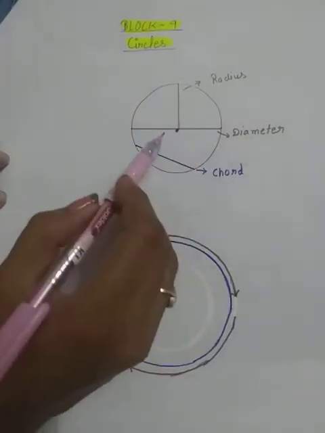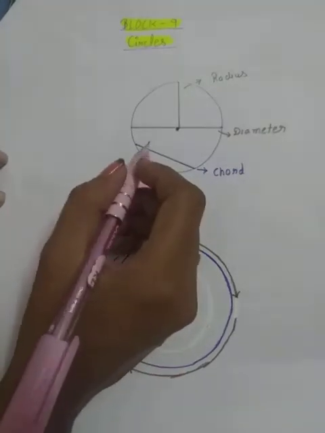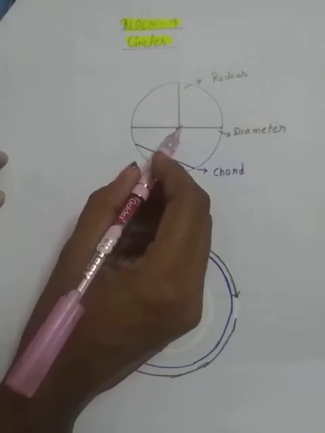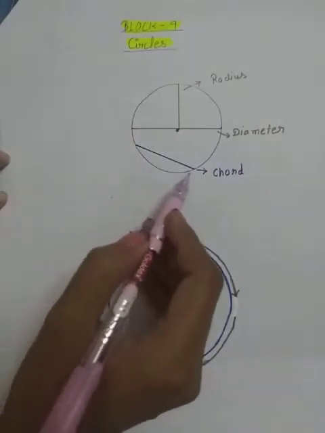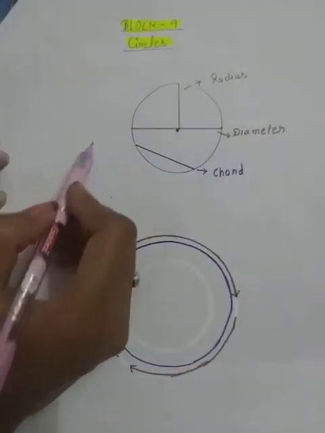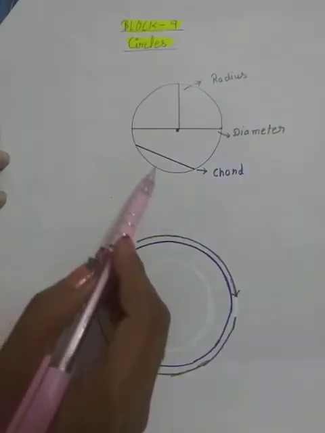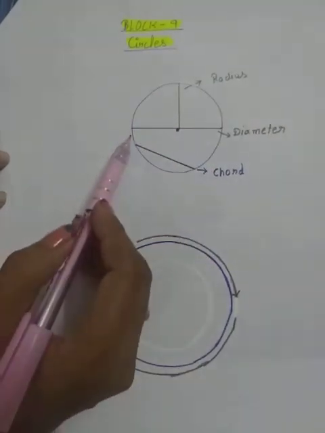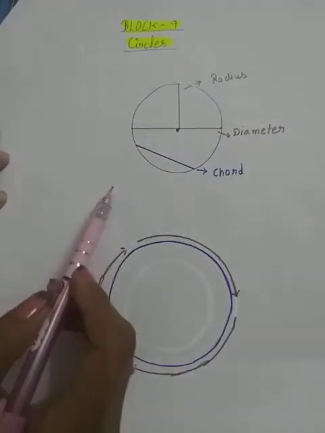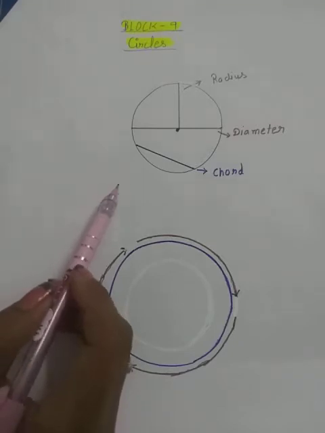A circle is a shape which doesn't have an open area or open side. A circle will always be a closed figure. That means it will be closed from all sides.